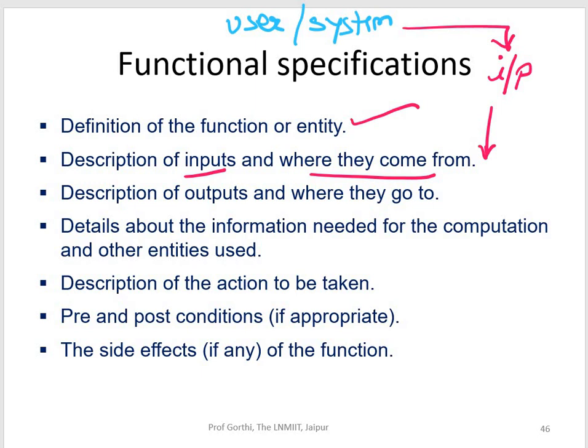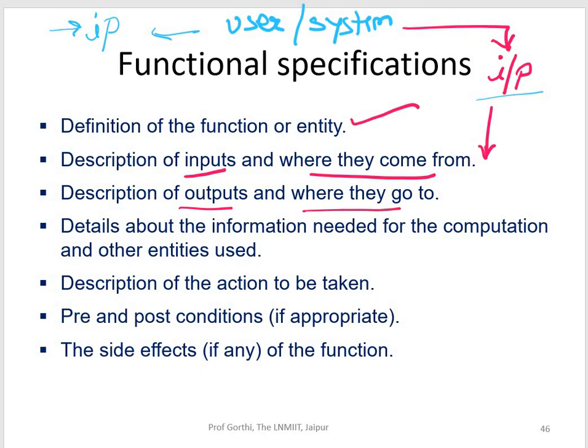It can be like a system passing some information to the payment gateway, right? At that time this particular input will be from the system, not from the user. Whereas a system expecting basic credit card details in the form of input, that would be from the user, not from the system, right?